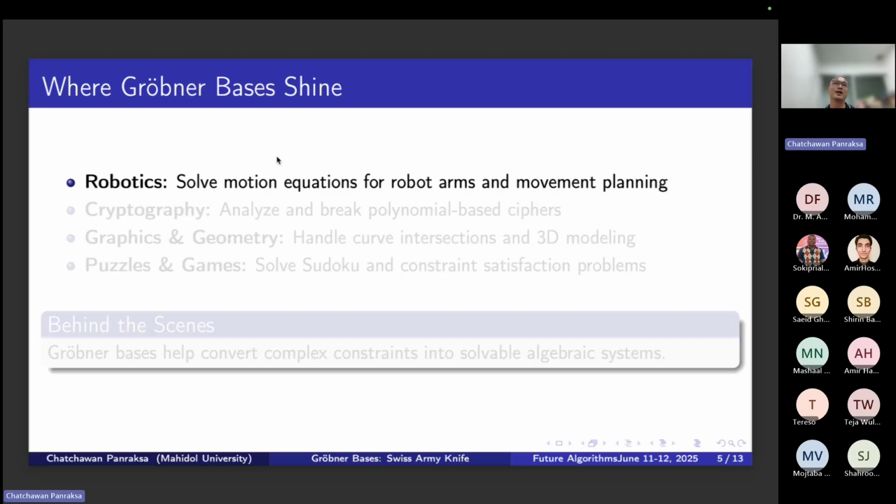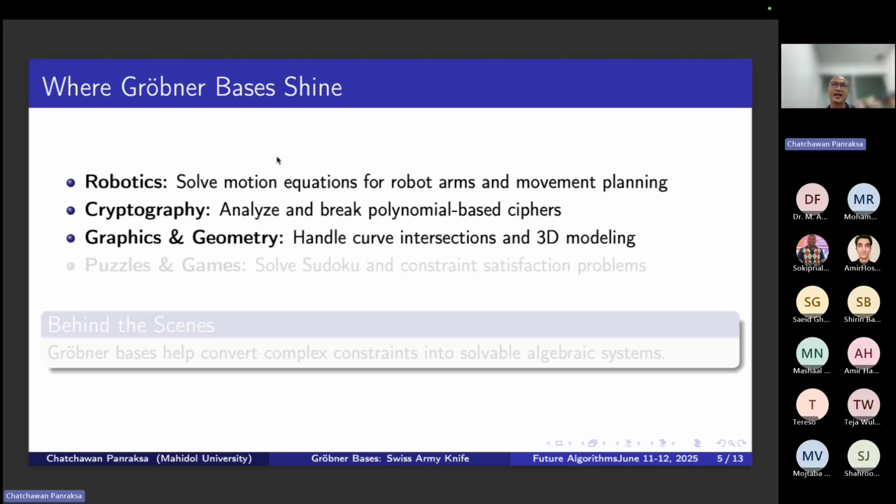So let me show you where this Swiss Army knife really shines. In robotics, they solve motion equations for robot arms and movement planning. In cryptography, you can think about the operations as polynomial systems as well, so you can analyze or even break polynomial-based ciphers. For graphics and geometry, they can handle curve intersections and 3D models, or you can even model high dimensions if you want.